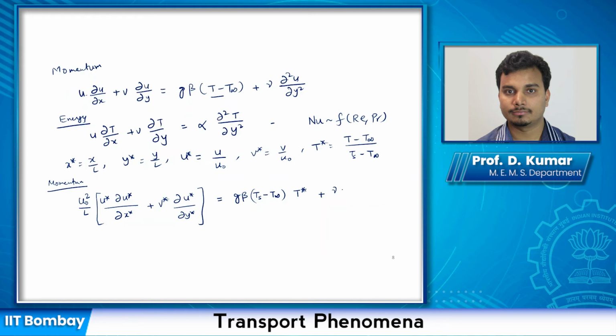From here you will have u naught, that will give you dou to u star by L square. Okay, L square, so that will be y star square. Okay, so this is what you get after non-dimensionalizing.